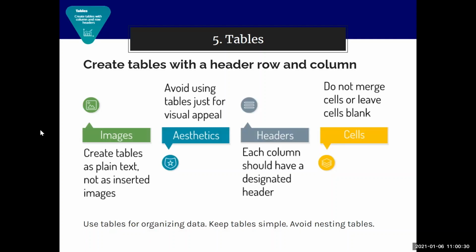When you create tables, you want to create tables with a header row. Create tables as plain text, not as inserted images, again because you want to make sure that the screen reader is able to read it. You want to avoid using tables just for visual appeal.